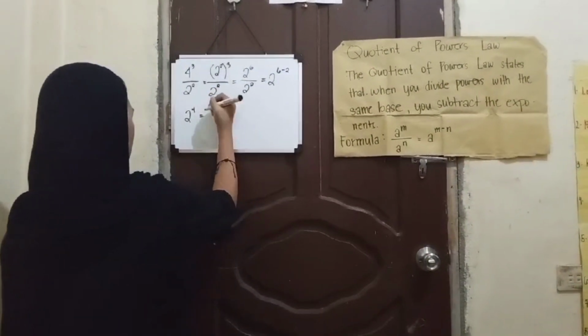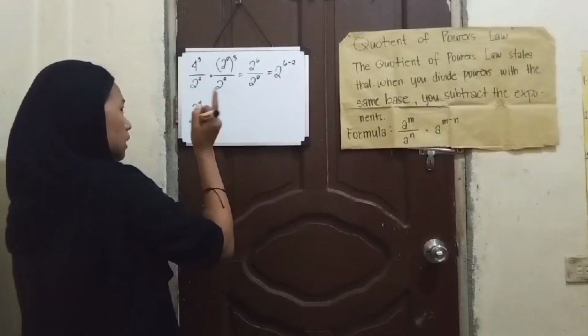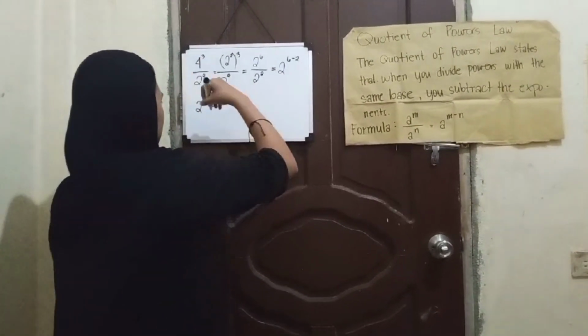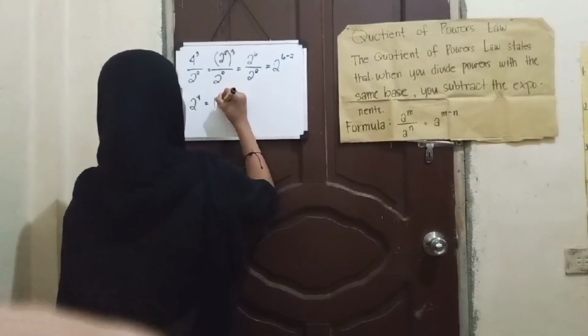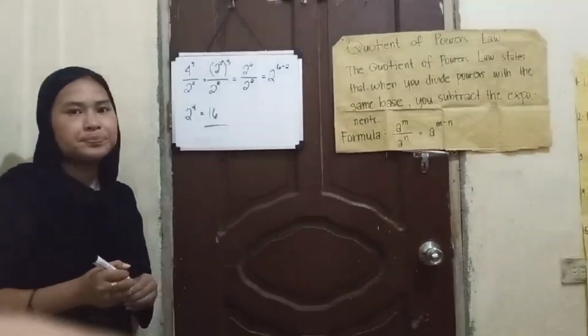So 2 times 2 times 2 times 2 is equal to 16. So that's the final answer, 16.